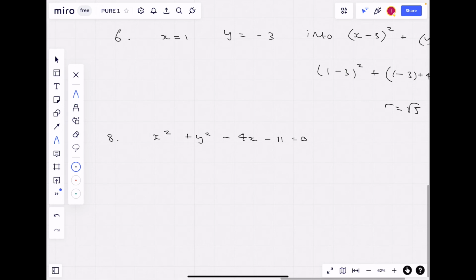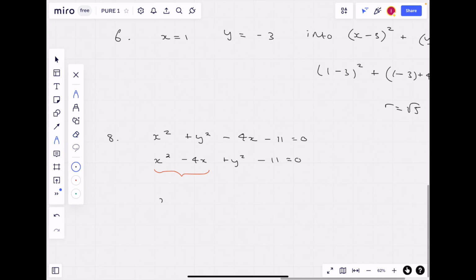We write the x's together and everything else like this, and then we complete the square here only. There's no y only term, so there's no like 2y or 12y or whatever. So we can't complete the square for y. We're only going to do it for the x terms.